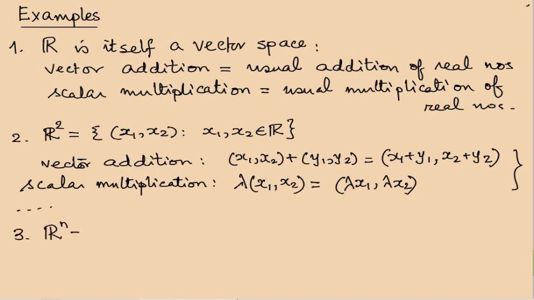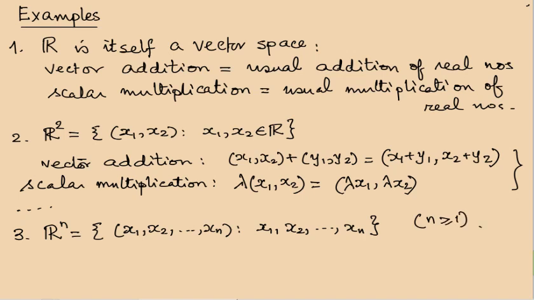So Rn is the set of all n tuples, where n is greater than or equal to 1.